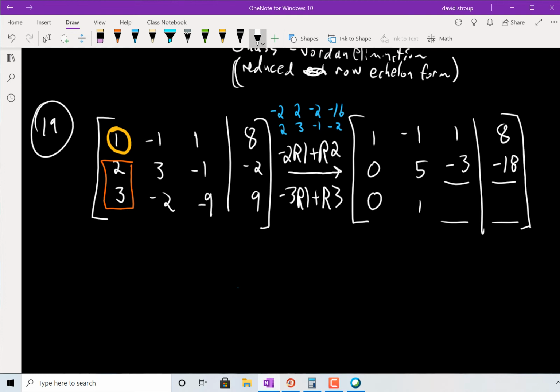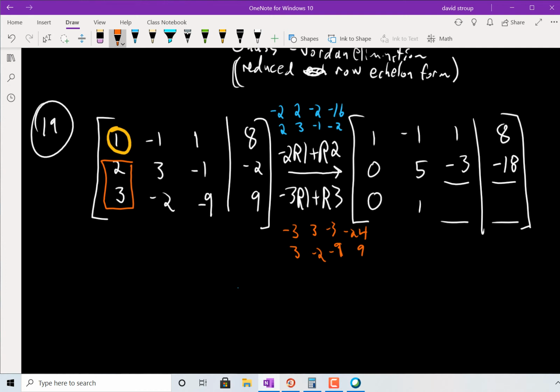And then -3 times row 1. So I'm also going to write that one out too. I'll do it in a different color. So -3, +3, -3, -24. And then the third row, 3, -2, -9, +9.